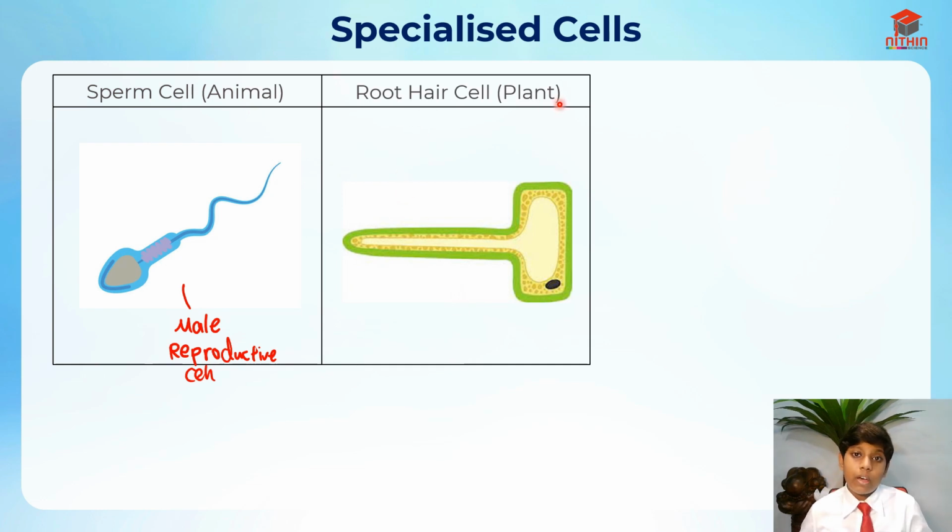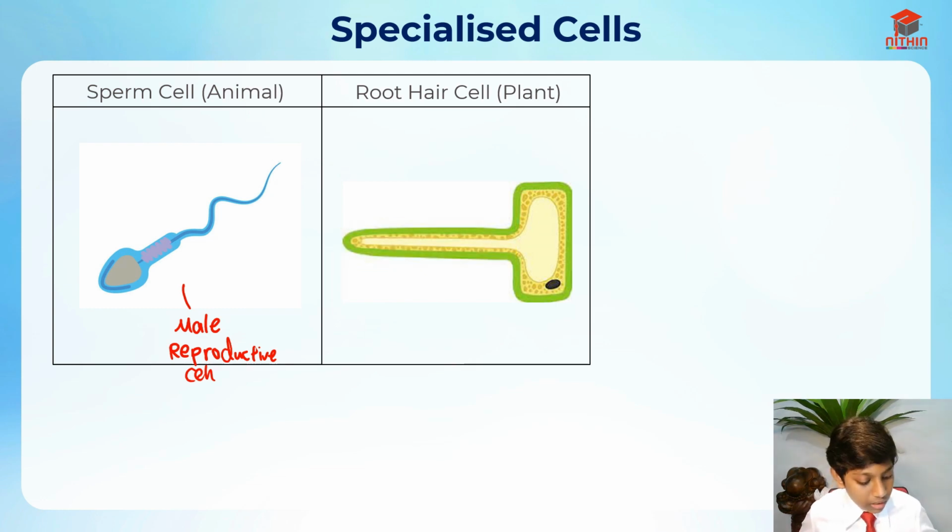It's a root hair cell. I think you understand where it comes from. It comes from the root, and it has this elongated protrusion. This long part over here is called the elongated protrusion. This highlighted portion is the elongated protrusion.